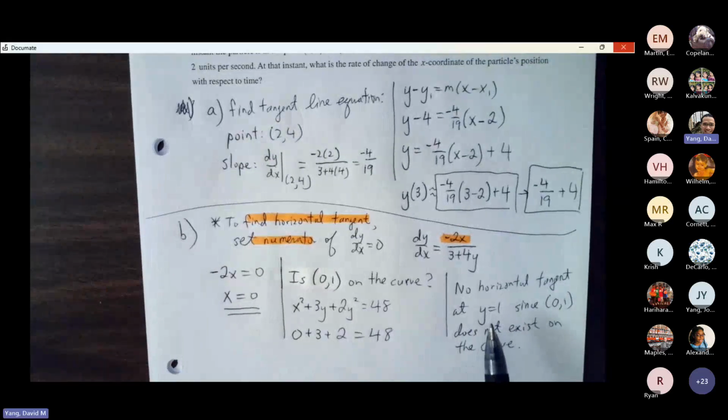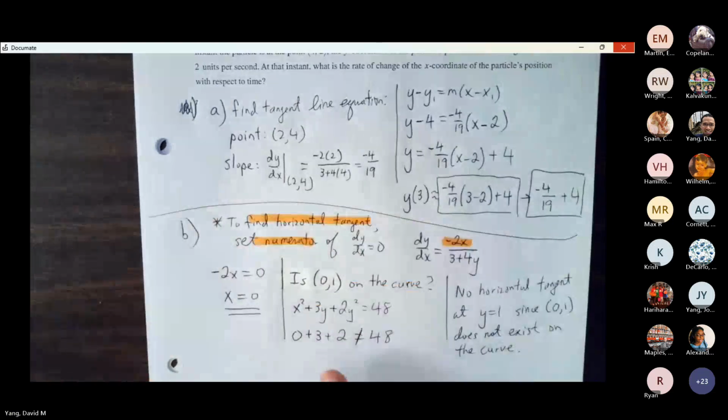No horizontal tangent at y equals 1 since the ordered pair 0, 1 does not exist on the curve. 3 plus 2 does not equal 48.